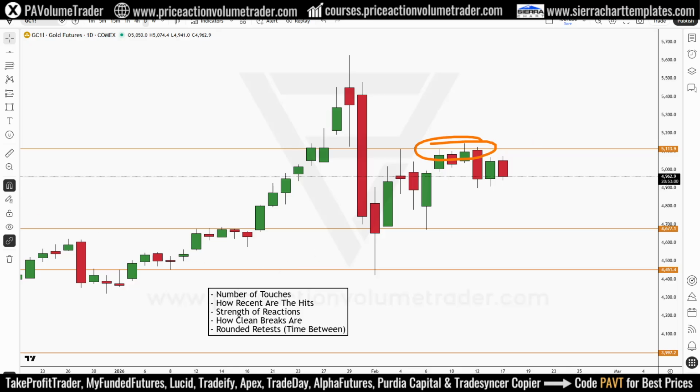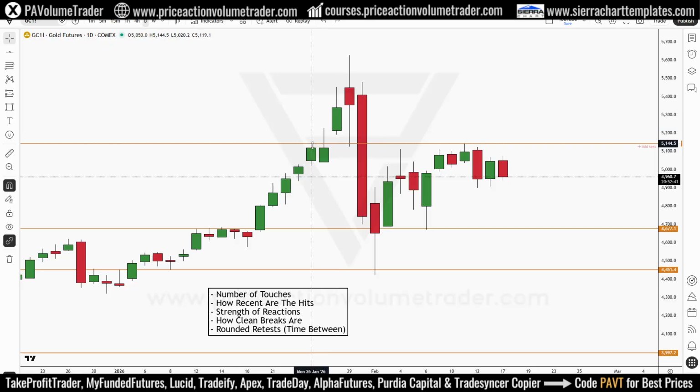But I also saw that we're missing these rejections here on the top, and we're missing this back test before we made an all-time high. So I decided, let's move this up to this wick. That way we're catching these two resistances, the gap up with the back test.